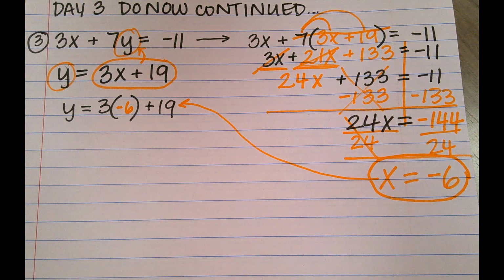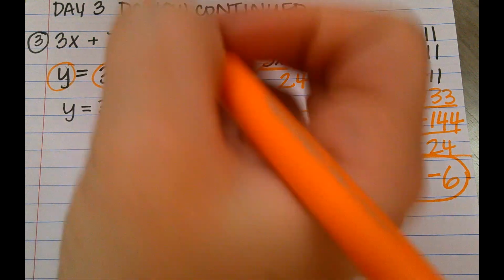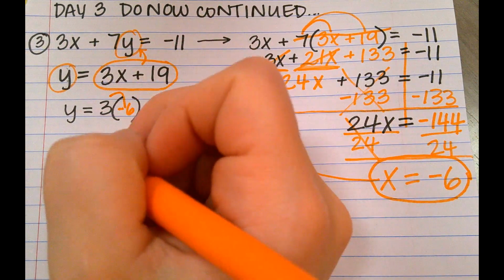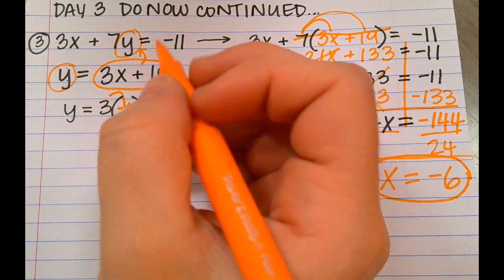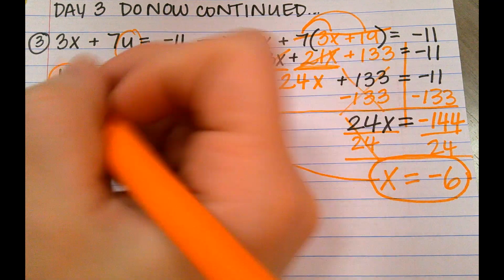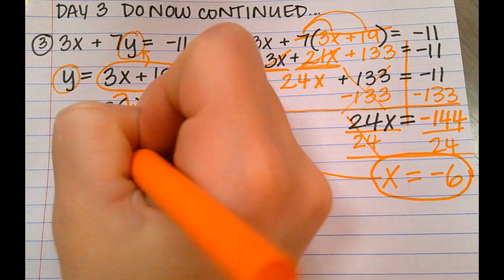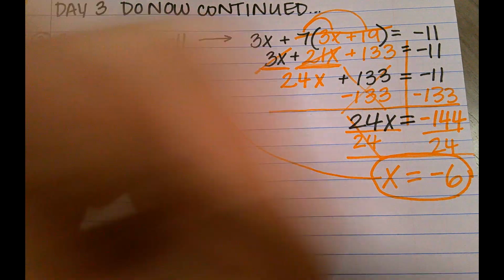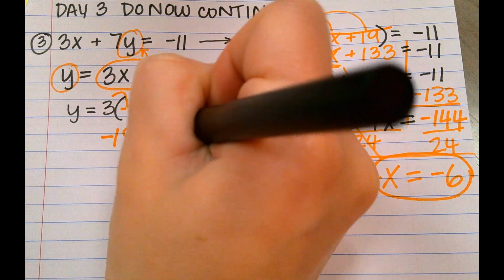So now what do I do? Multiply 3 with negative 6. 3 times negative 6. Negative 18. Good. Okay, so 3 times negative 6 is negative 18. Plus 19.